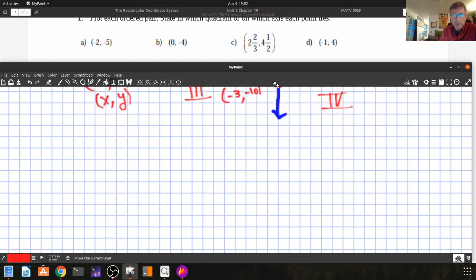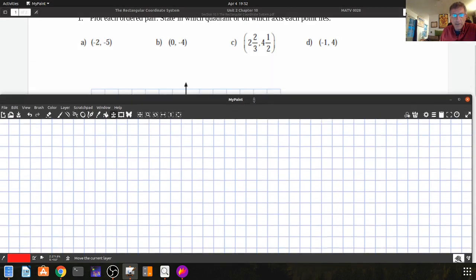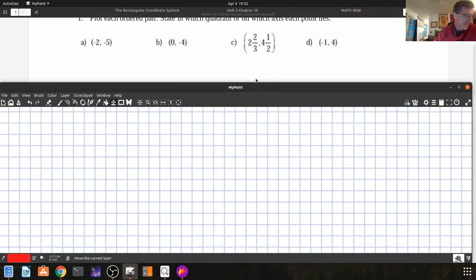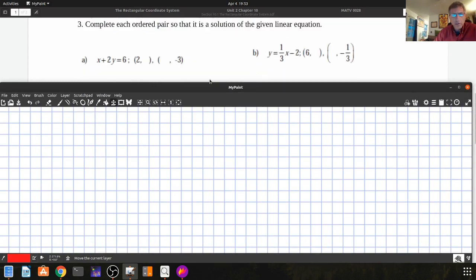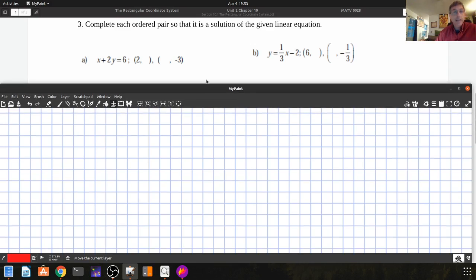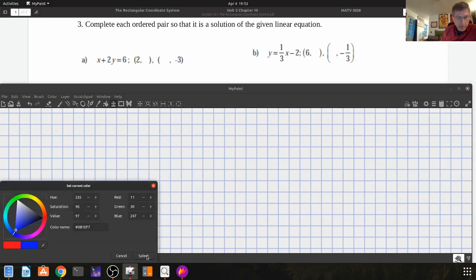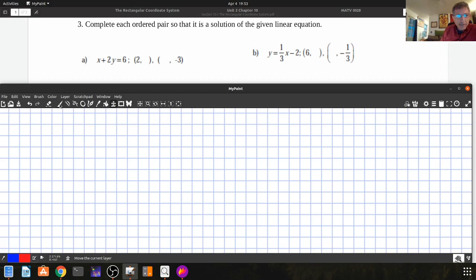So let's see what else we're supposed to do. How are we going to connect this with algebra? Well, we have equations, and we've been looking at equations like x plus 20 is equal to 3 times x minus 5.